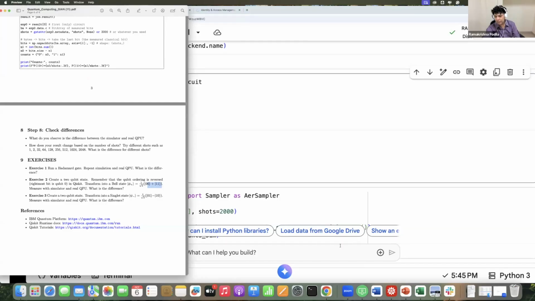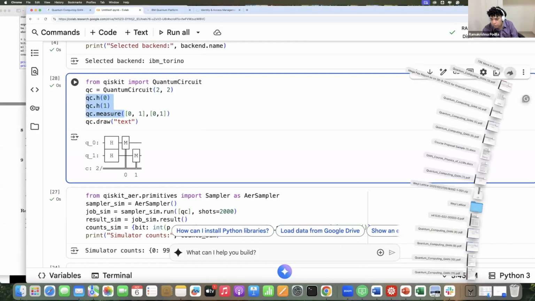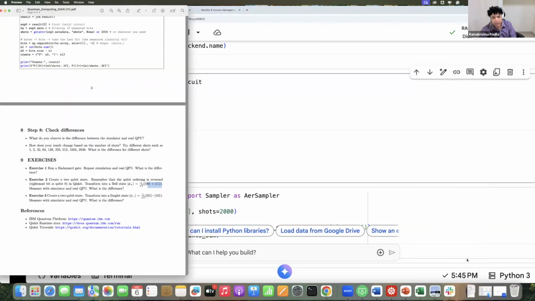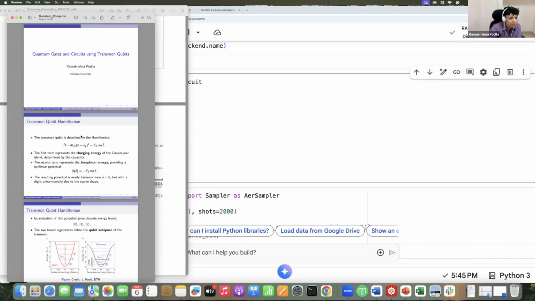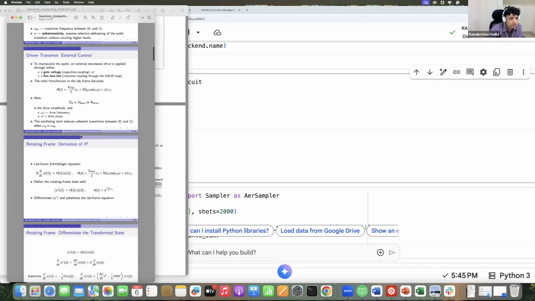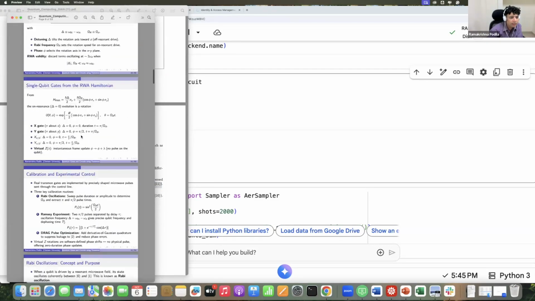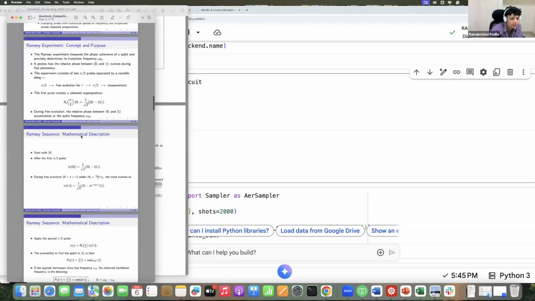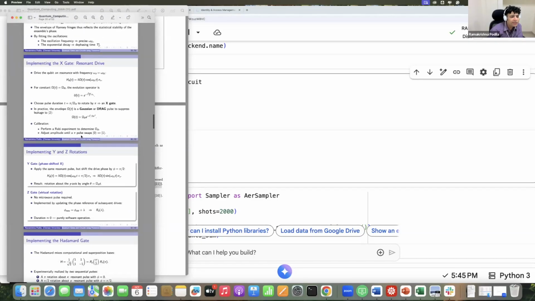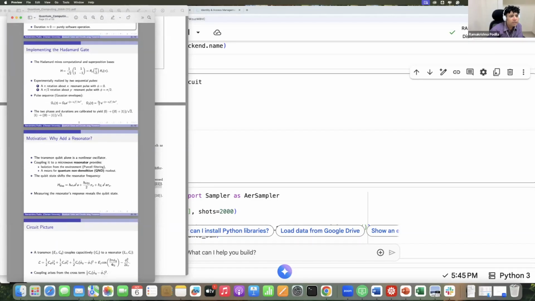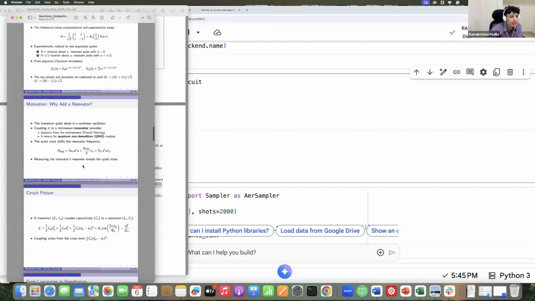the Bell state. So please go back to the lecture notes, which Dr. Gargi will share. So this is the lecture notes we had in the morning. You should be able to see it on the screen. So I showed you the gates there. So this is the Hadamard gate, right?